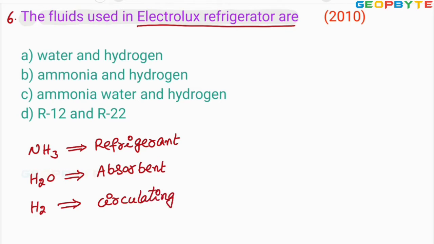I hope you got my point. Look at option C, ammonia, water and hydrogen. Therefore option C is absolutely correct. Let us go for the next problem.